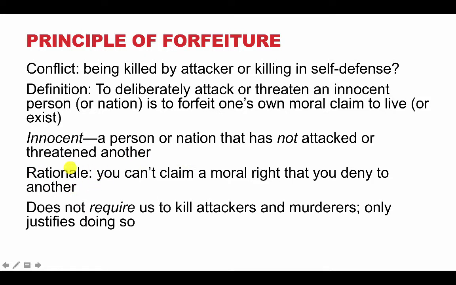Now the rationale with this is you can't claim a moral right that you deny another. So if I say you have the moral right to life because that comes from our natural value of life, but then I try to kill you, then no, that doesn't seem right.